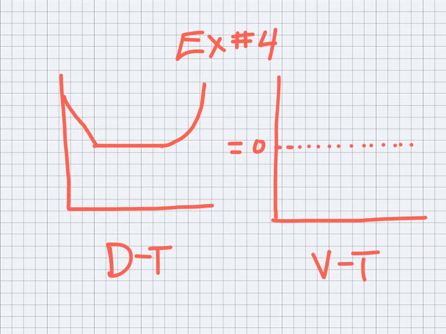So over here on the velocity time graph, it should look something like this: constant negative velocity, 0 velocity, increasing positive velocity. So this right here corresponds to this. This at the 0 line corresponds to this. And then this right here corresponds to this upward curve.